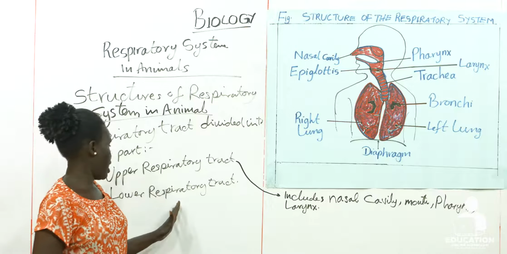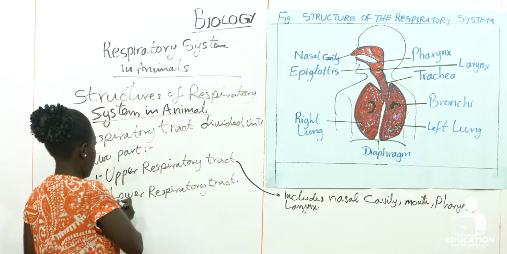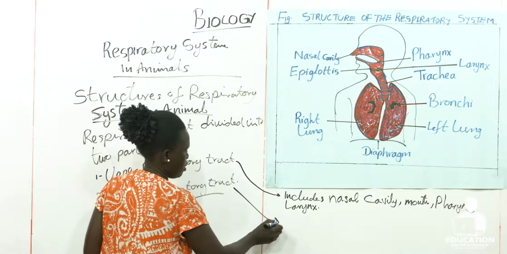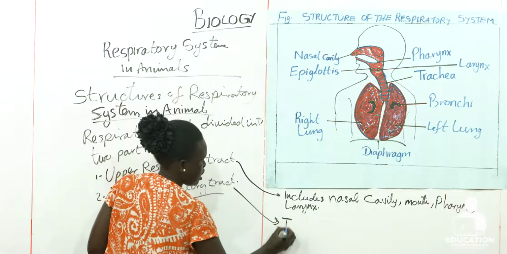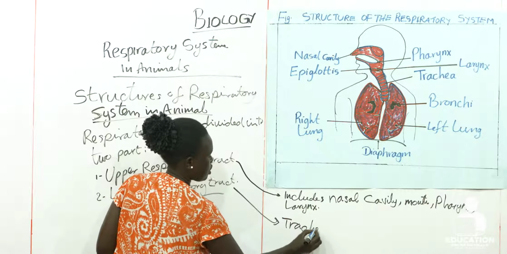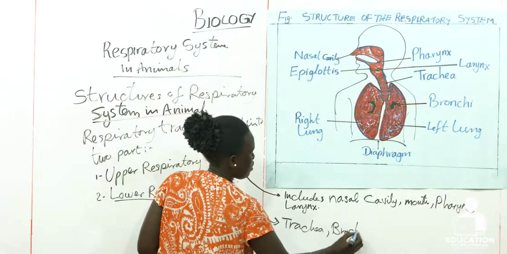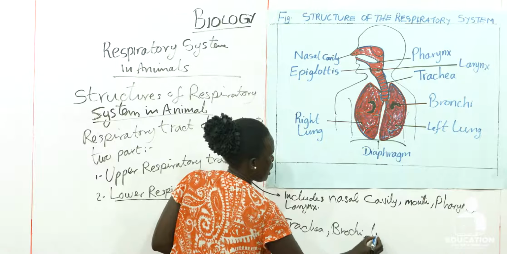While the structures that are under the lower respiratory tract are these: trachea, bronchi, then the lungs.